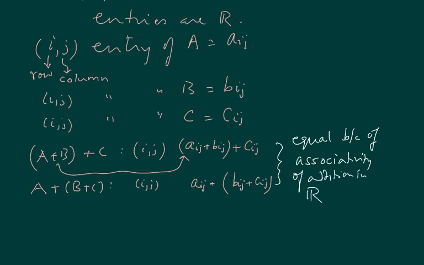That is not so much in the matrices, which is what we're trying to prove, but we know that associativity of addition holds in the reals, and that is what tells us that this entire expression here equals this entire expression here.